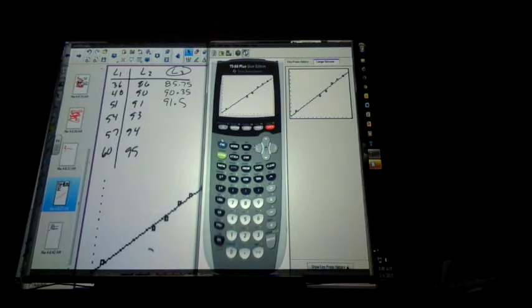All right, so let's find 54. So second, calculate, value, 54. So 92.65.